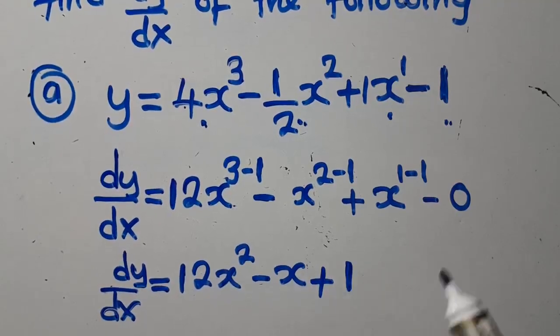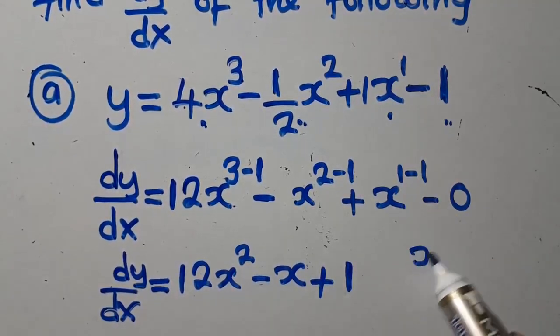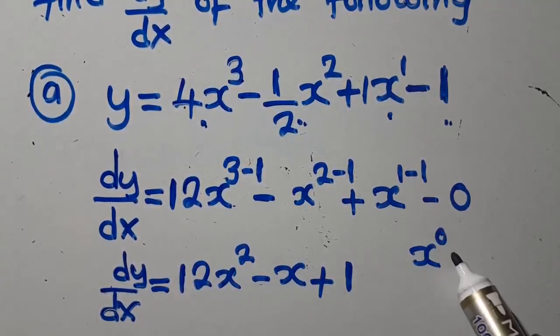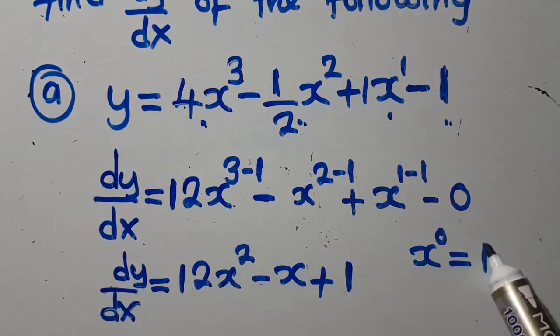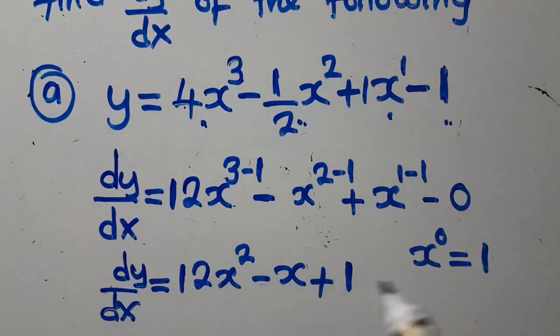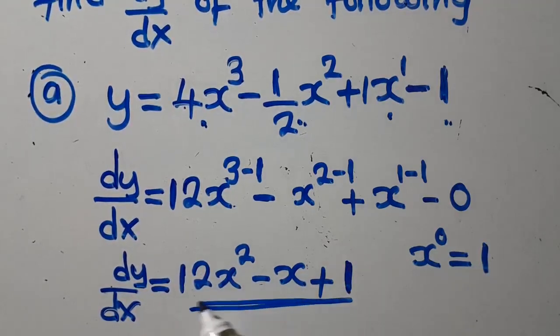How did I come up with 1 there? You know that you're going to have x power 0. Anything to the power 0 is 1. So x power 0 is 1. That's why there is a 1 here. Meaning that this is your answer. This is what you are supposed to do.